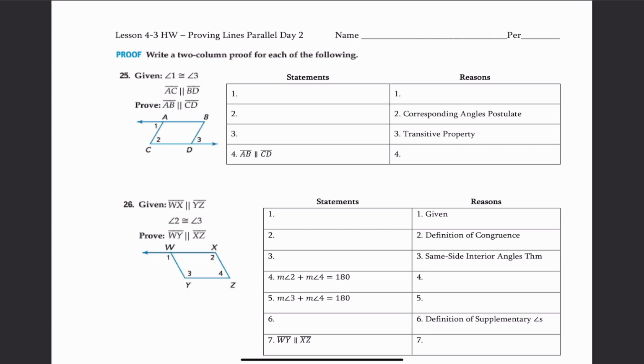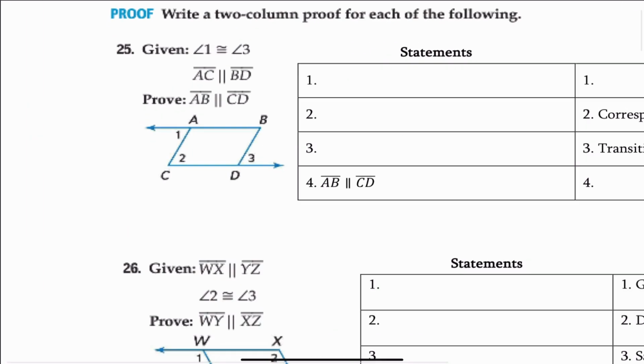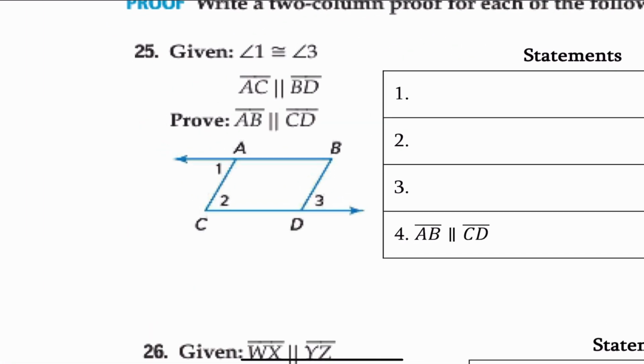Okay, so number 25. I'm not going to go over everything in regards to number 25, but it's so important that you read what it's asking. So, for instance, it says given angle 1 is congruent to angle 3, and we know from the given that segment AC is parallel to segment BD.